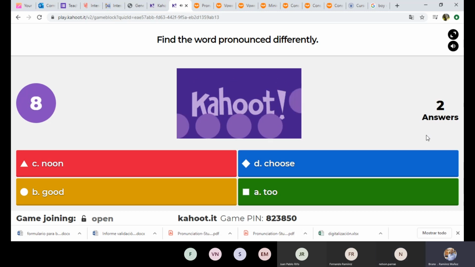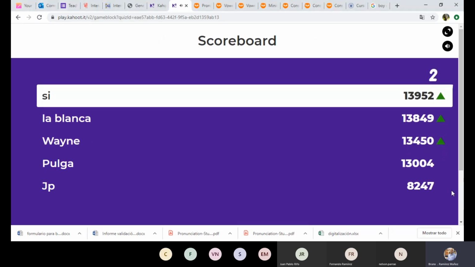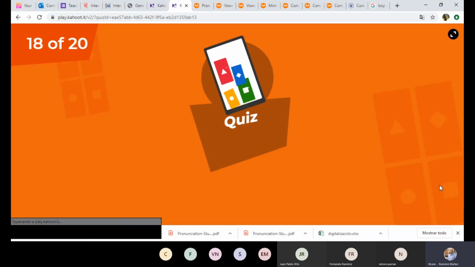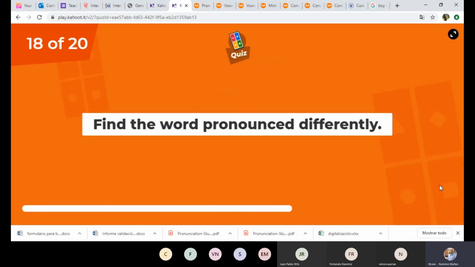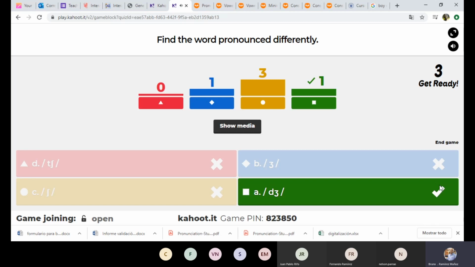Yellow. 18 out of 20. Color. Yellow. Jeans.